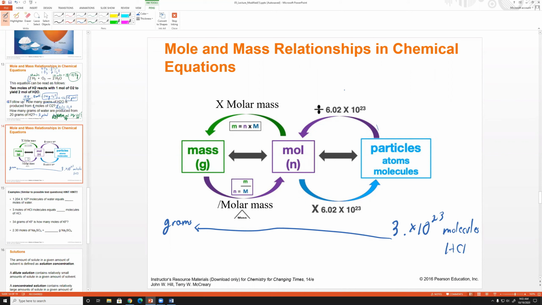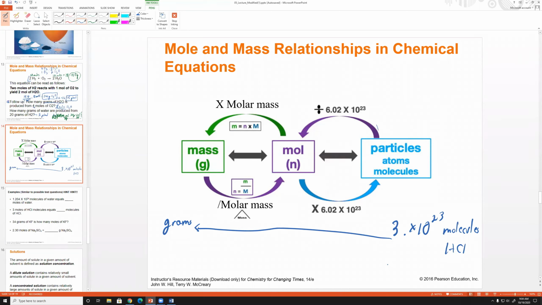So whatever number you're dividing by it, that means it's that certain fraction of a mole. In this case, it's 3 times 10 to the 23rd, which means it's going to be half a mole.